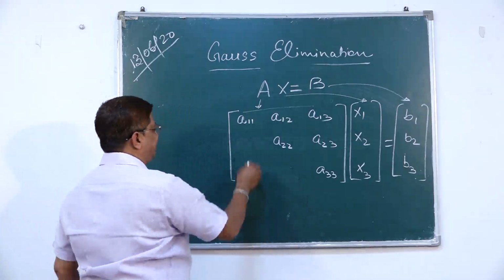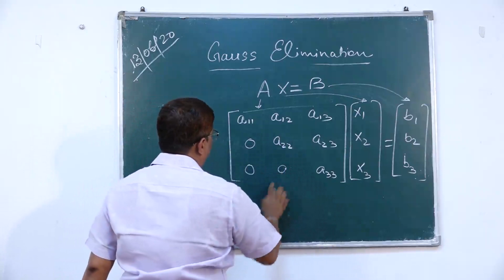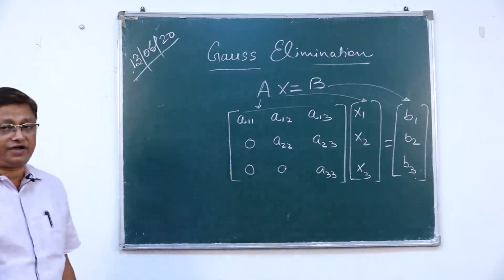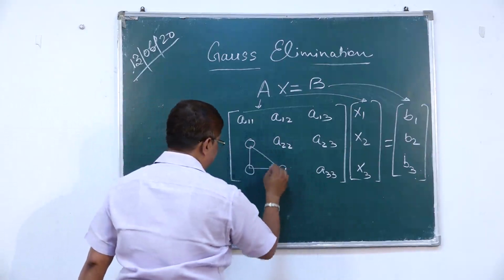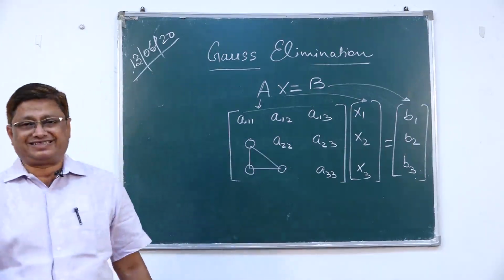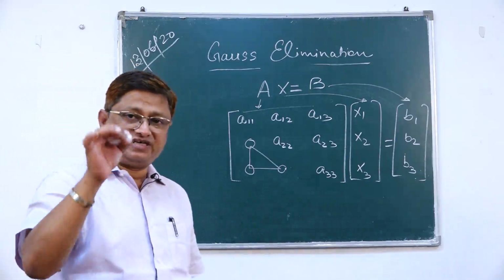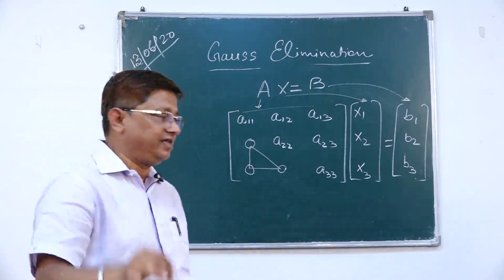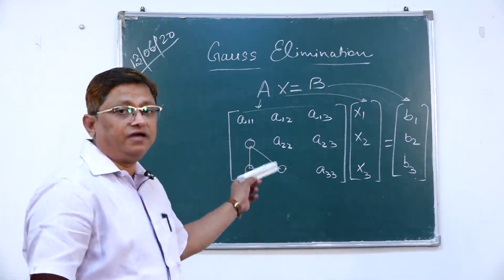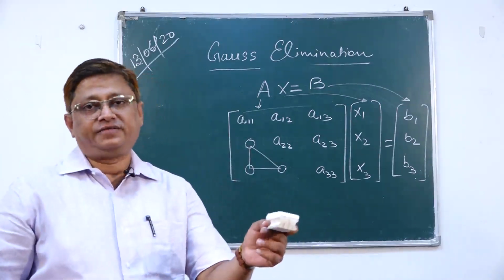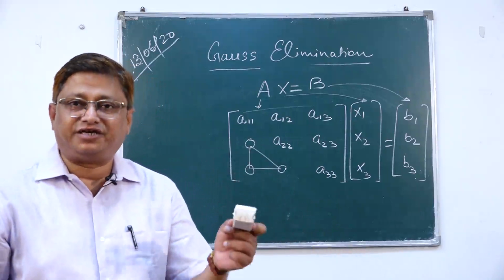After eliminating them we get a triangle, and this triangle is called the upper triangular form. First eliminate a21, second eliminate a31, and third eliminate a32.